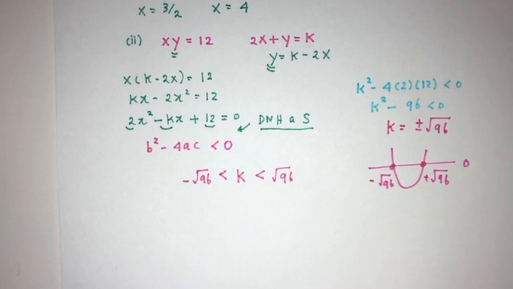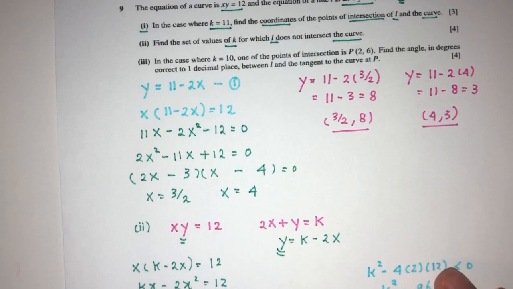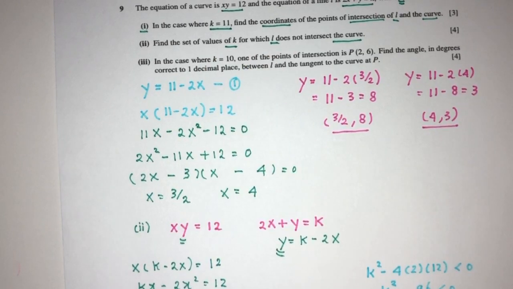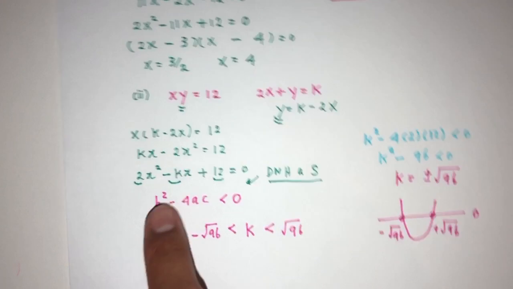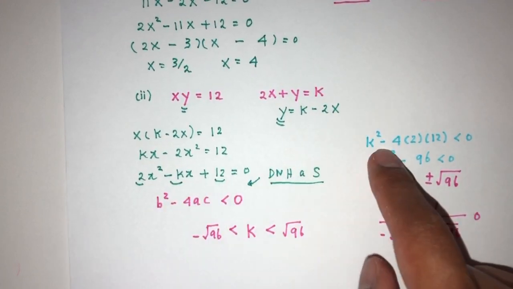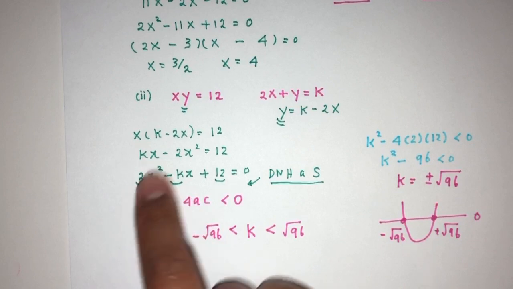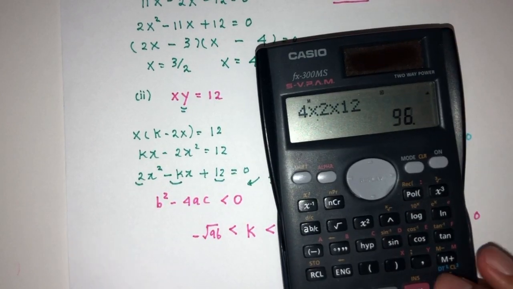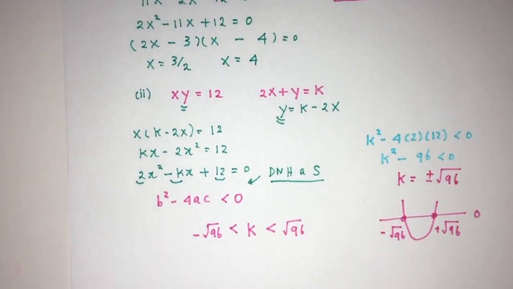Okay, so that will be the answer to part 2, where we have to find the set of values of k for which L does not intersect the curve. Now again, let me double check the value here. Here we have b squared, which is k squared, minus 4 times a times c, so 4 times a times c should be 96. That will be part 2 of the question.